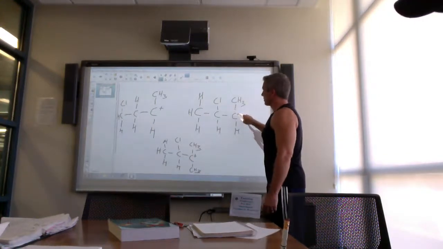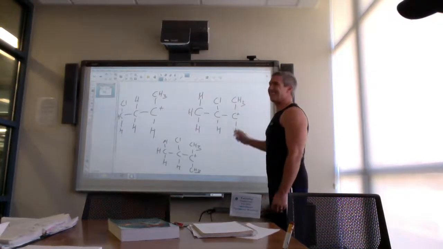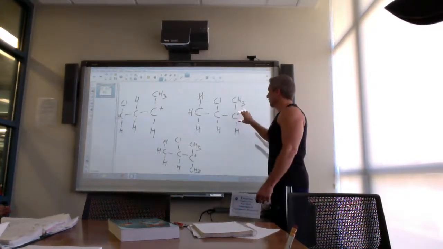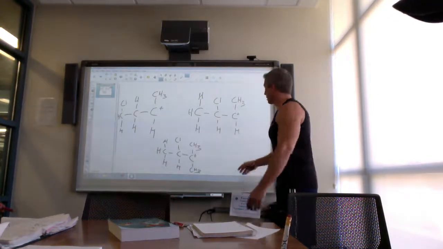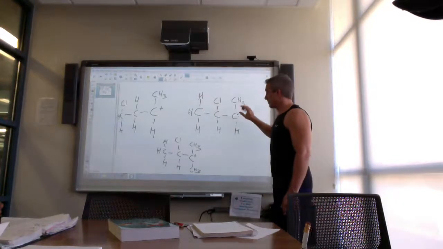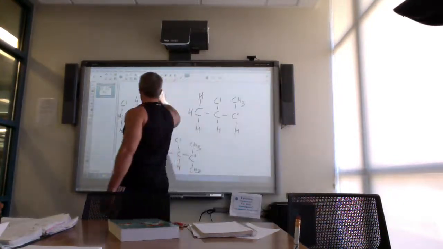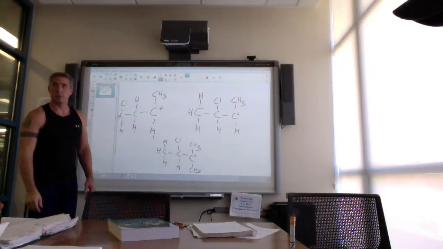If you look at this as a positive charge, this guy is trying to help by lending some of its electron density to cover up this plus. Hyperconjugation is what we call it. It's trying to smother this positive charge with some electron density. This guy's trying to do the same thing. This guy's got double of it trying to do it.